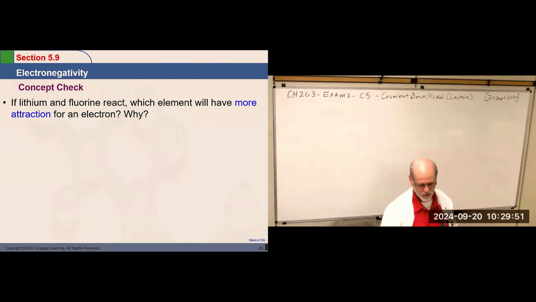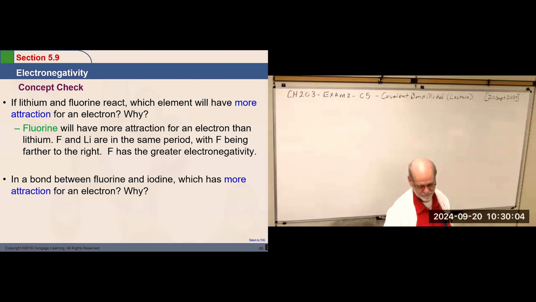Okay, so if lithium and fluorine react, which element will have more attraction for the electrons? Well, lithium's on the far left and fluorine's on the far right, so fluorine obviously will have the greater attraction. And the bond between fluorine and iodine would be slightly polar also.